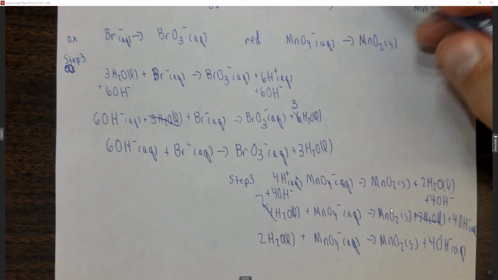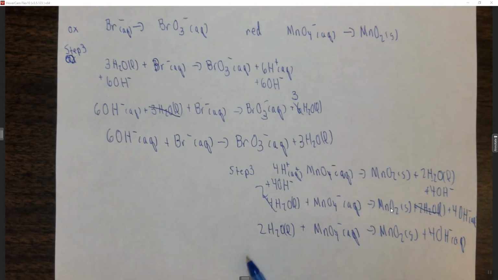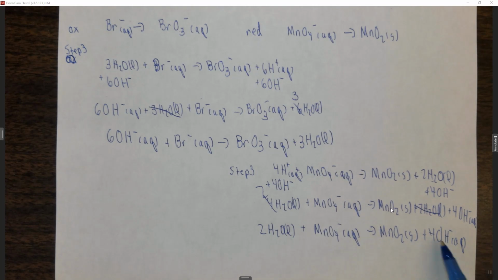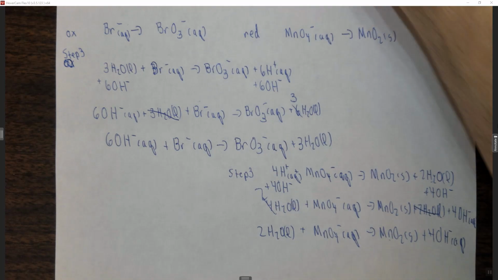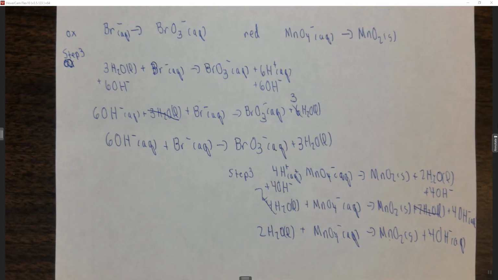Let's again check and make sure that it's balanced. So we have 4 hydrogens, 4 OH minuses, 2 oxygens plus 4 oxygens is 6 oxygens, 1 manganese and 1 manganese. So now we have balanced successfully the masses.